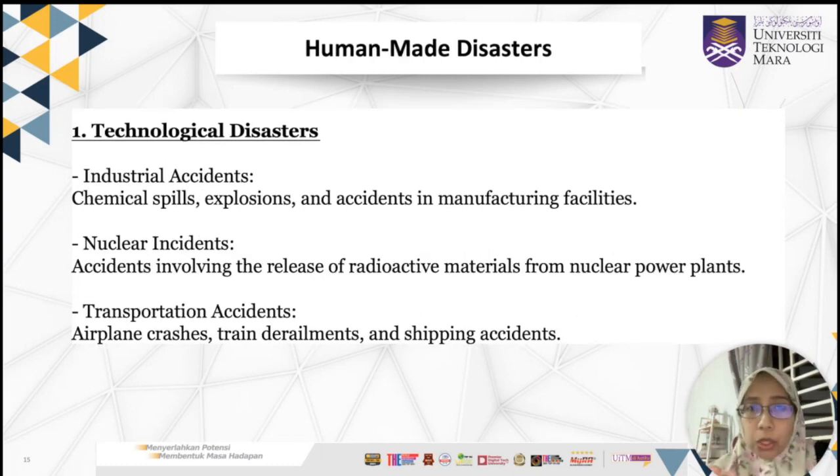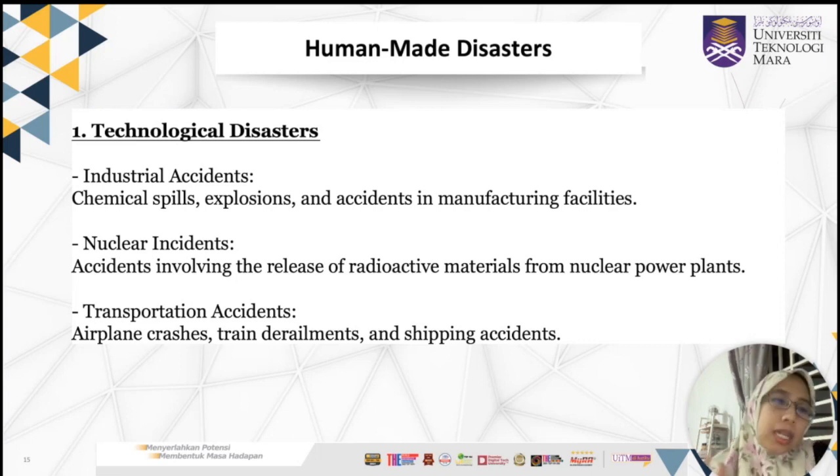Now we go to human-made disaster. Alright, so human-made disaster ni, first we can categorize dia sebagai technological disaster. So technological disaster ni kita boleh ada industrial accident, for example ada chemical spills, explosion, accident, semua ni are industrial accidents, ya. And then we have nuclear incidents, okay.